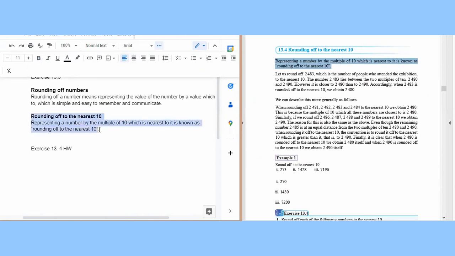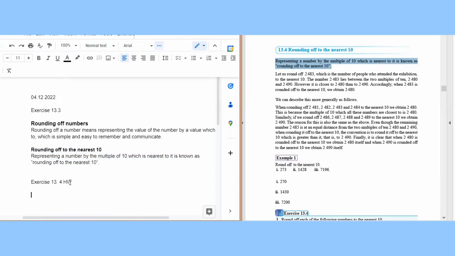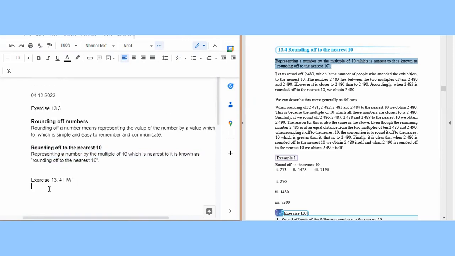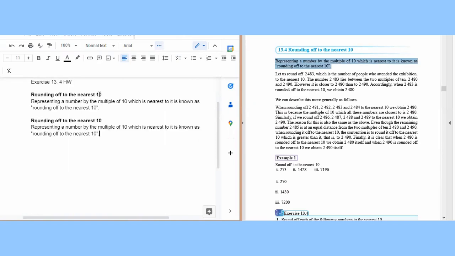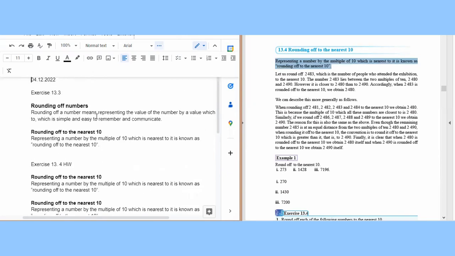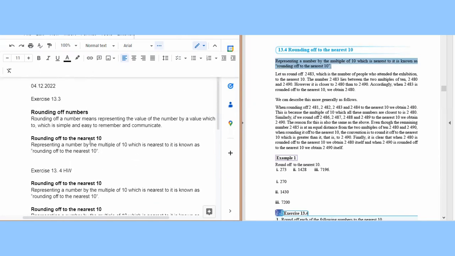Similarly, you can write down for nearest 100 and 1000.